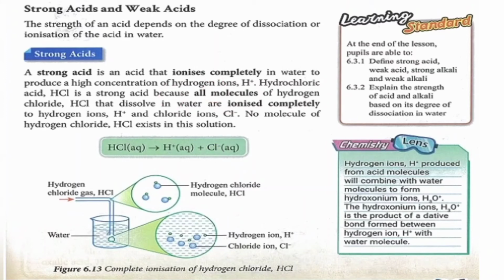After the dissociation, no more molecules of HCl exist in the solution. This is what we call ionized completely. When the acid molecule is able to ionize completely in water, that acid is a strong acid.